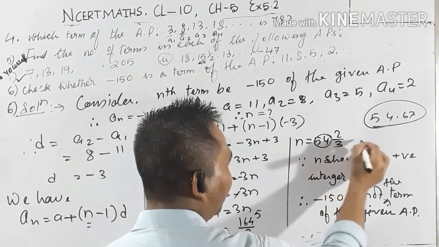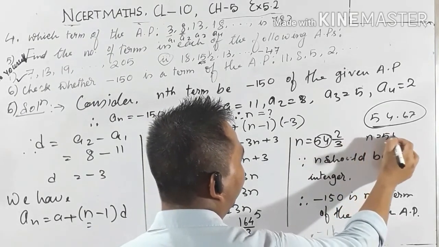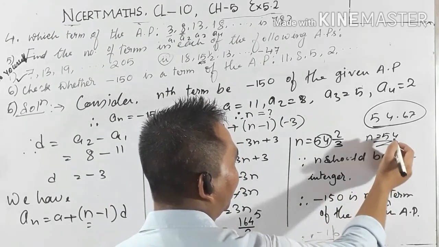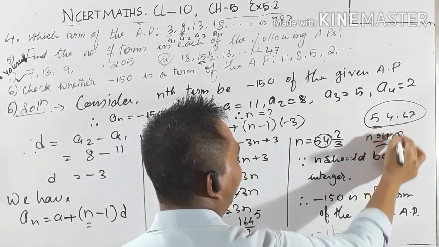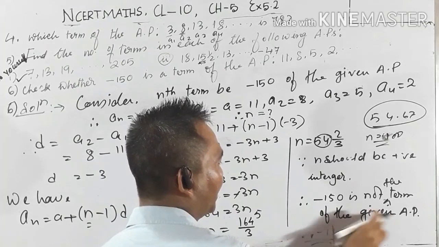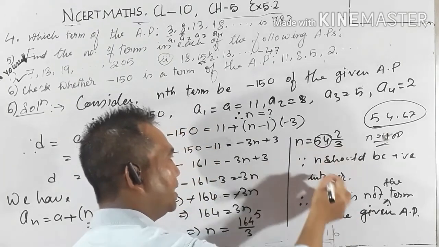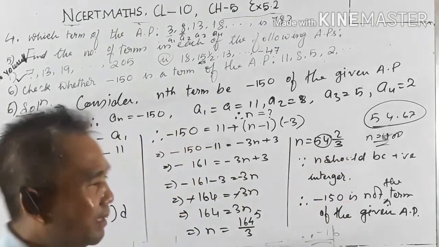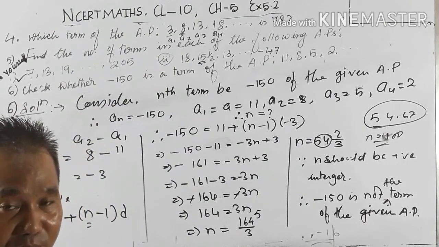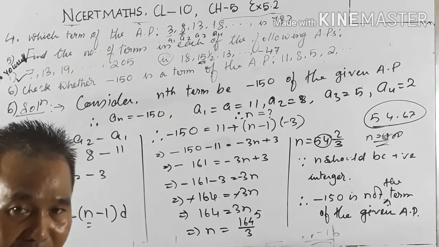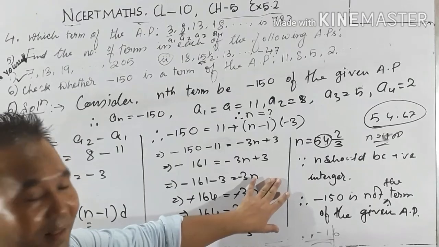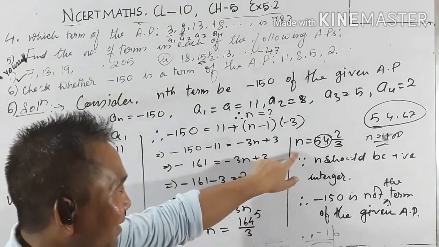But since it is a mixed fraction, we get a decimal number, and then the condition does not hold.